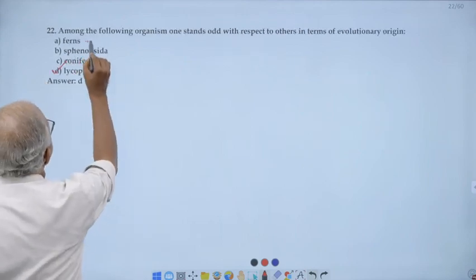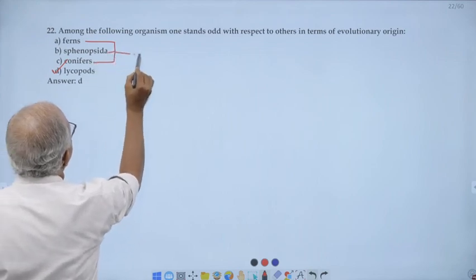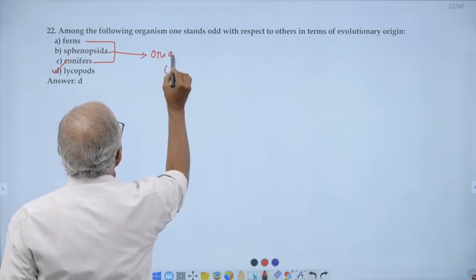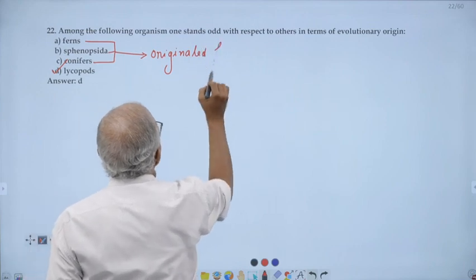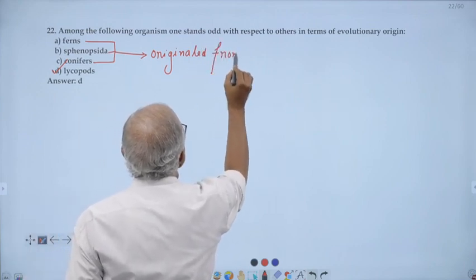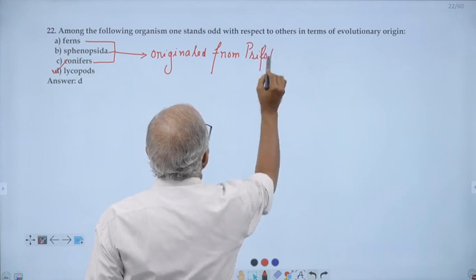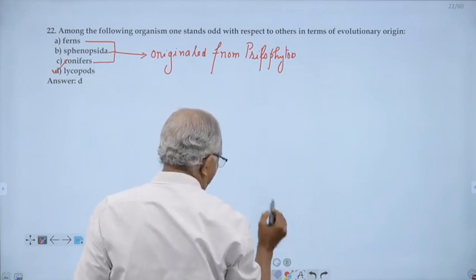So ferns, Sphenopsida, and conifers originated from Xylophyton.